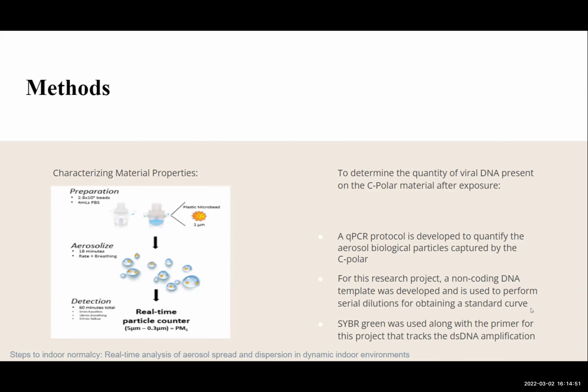The other thing, if you review some of the text you have put here, you can remove some of the wordings. For example, the third one, you said "for this research project." This is really not needed, so this is your research. You can just say a non-coding DNA template was developed. Some things could be removed so they can easily grab the main point. Yep, definitely.